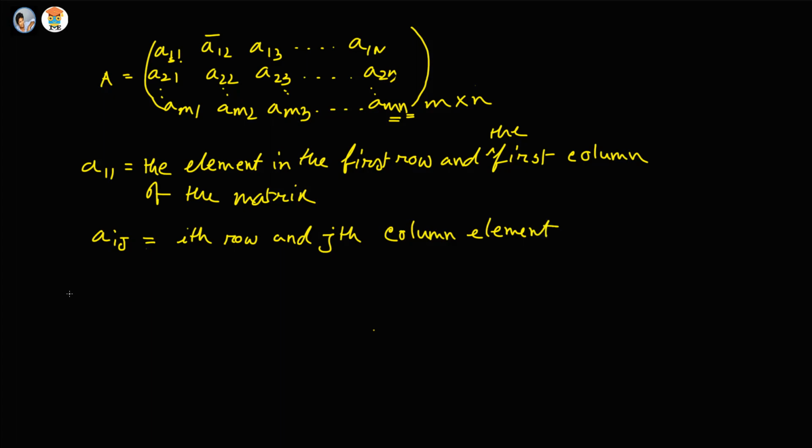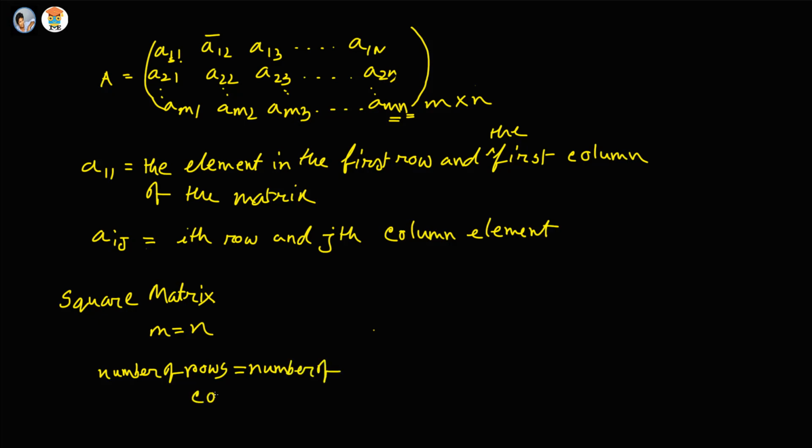Now we'll talk about square matrix. In case of a square matrix, M will be equal to N, meaning number of rows, which is M for matrix A, and number of columns, these two numbers are equal.